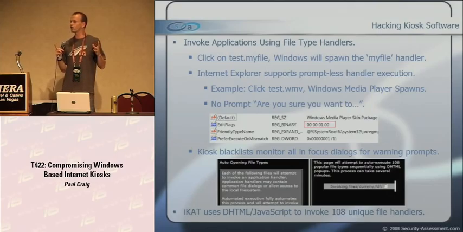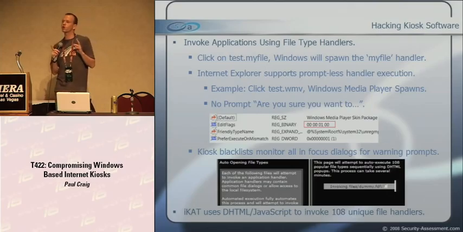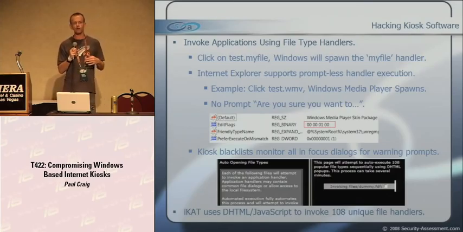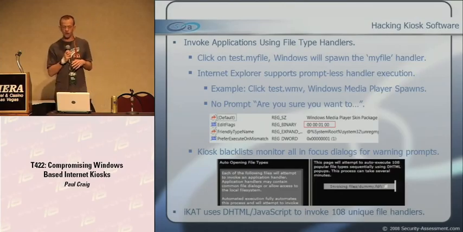It won't actually ask you, hey, are you sure you want to launch Windows Media Player? It will just spawn. This is really, really good for us because remember, kiosks are monitoring all the stuff that pops up. So if nothing pops up, it can't block it. That's a pretty good trick.